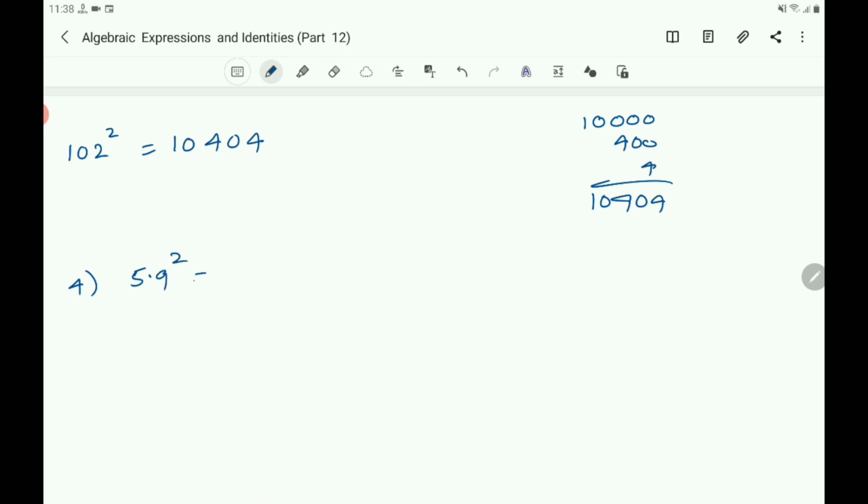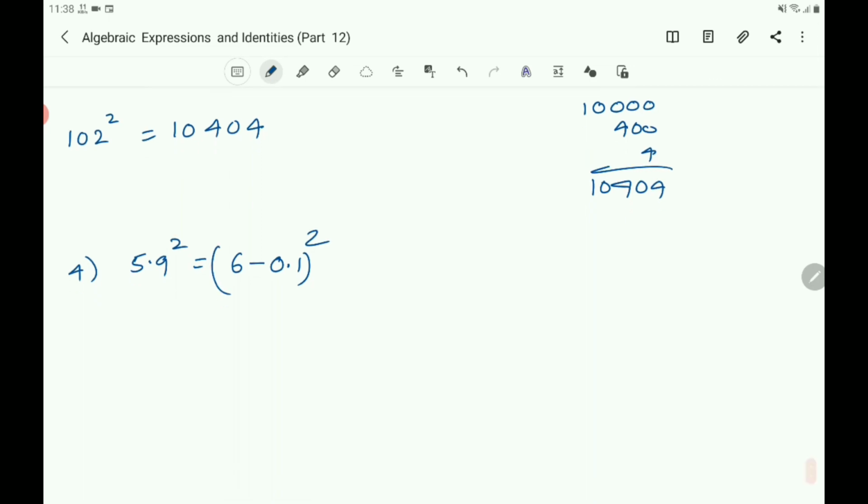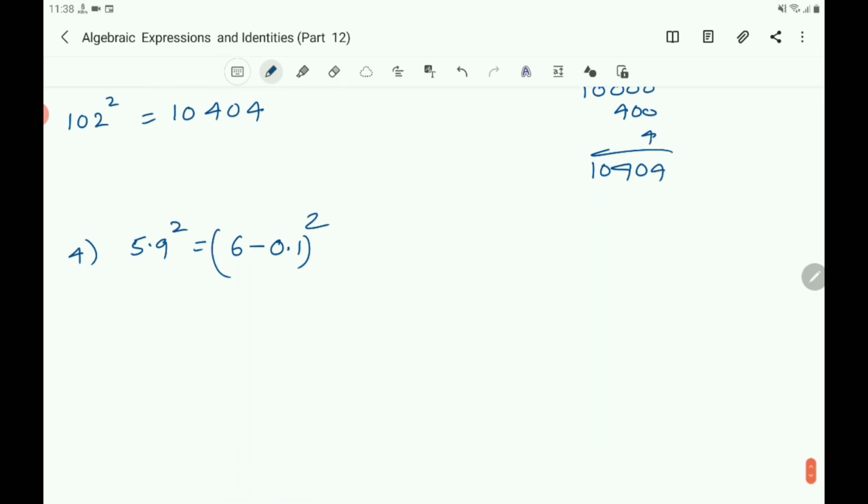And you can express this in another way. 5.9 is 0.1 less than 6, so you can write 6 minus 0.1 whole square. So you can express this in the form of a minus b whole square.